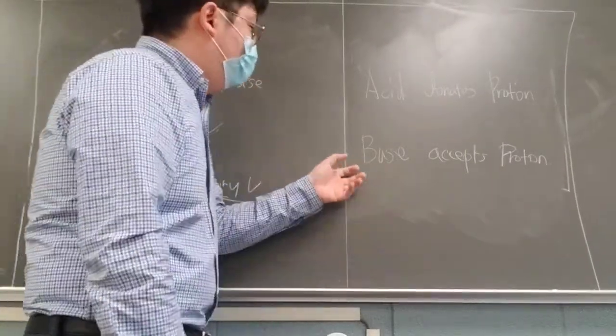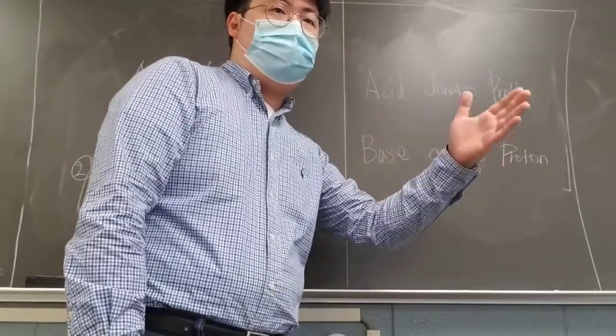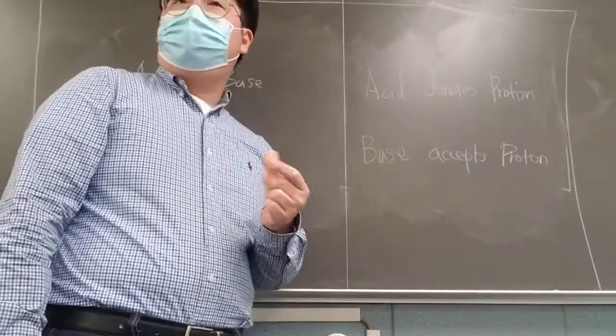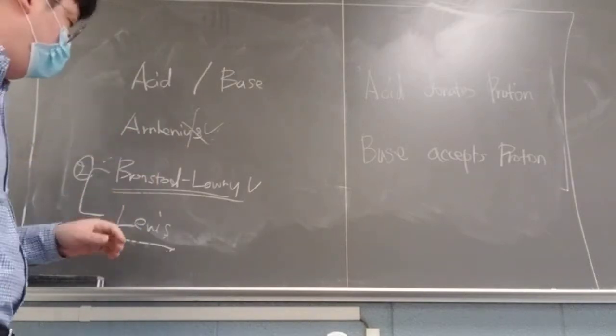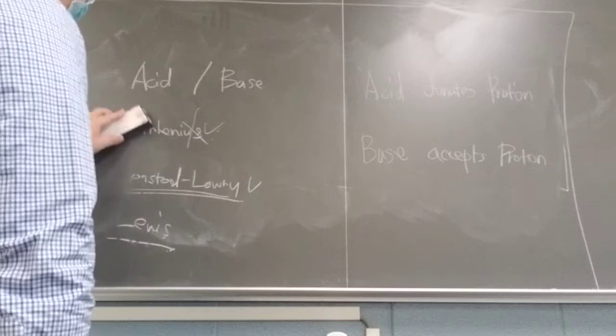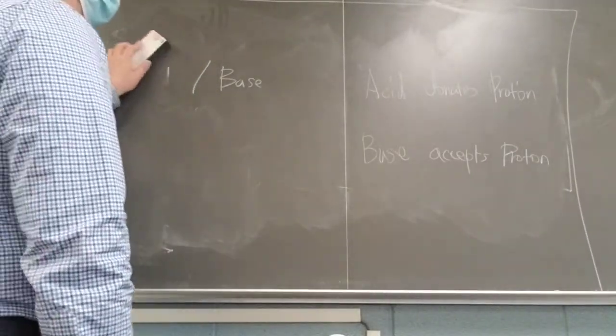Lewis is a more sensitive tool to define those in terms of acid or base. Okay, makes sense, right? Because in a chemical reaction, you're always going to see the motion of the electron, but proton-wise, it doesn't always work. So you may want to use Lewis sometimes because of that.